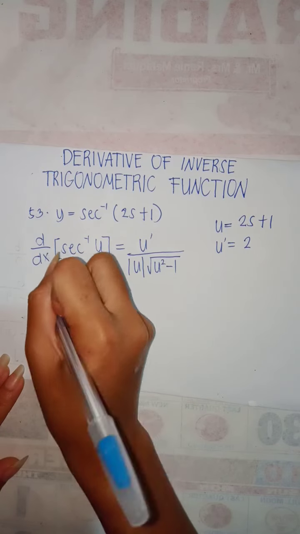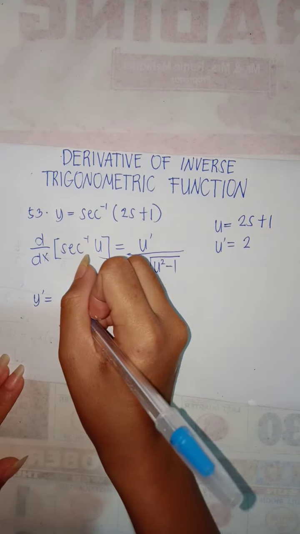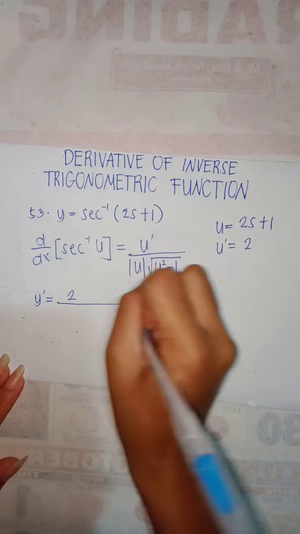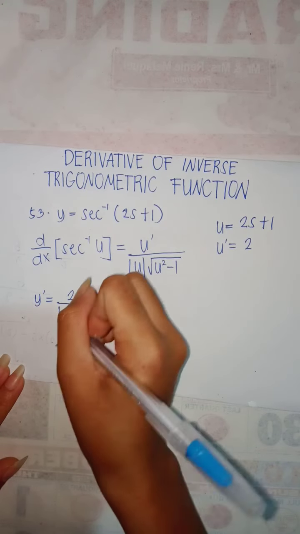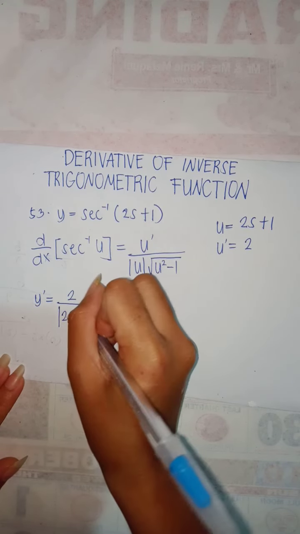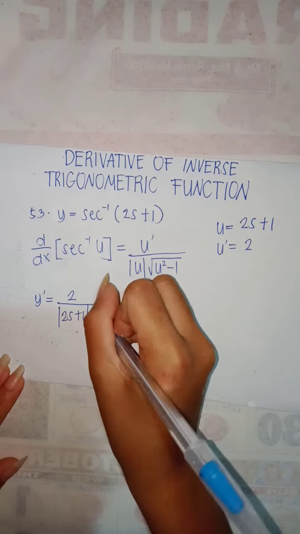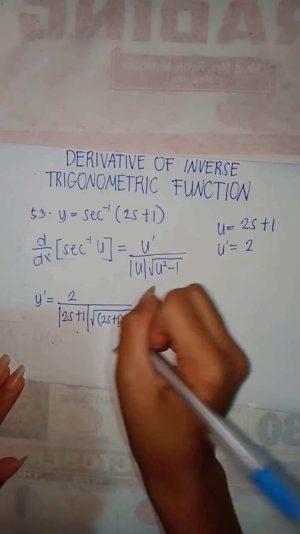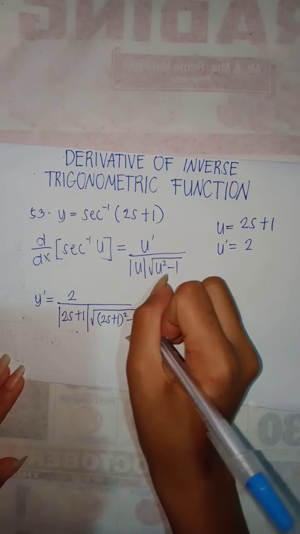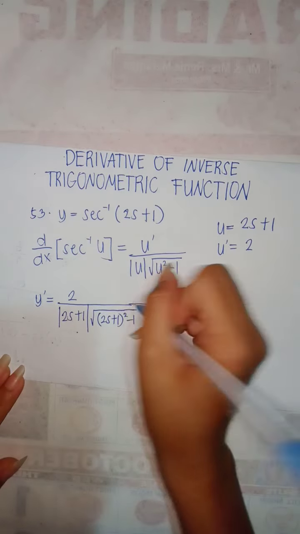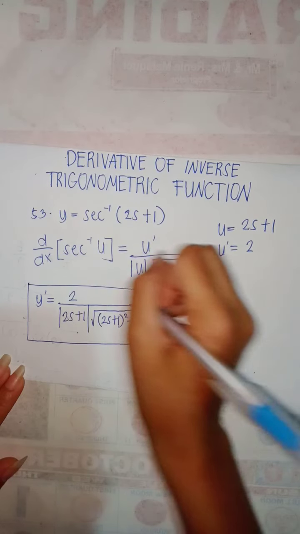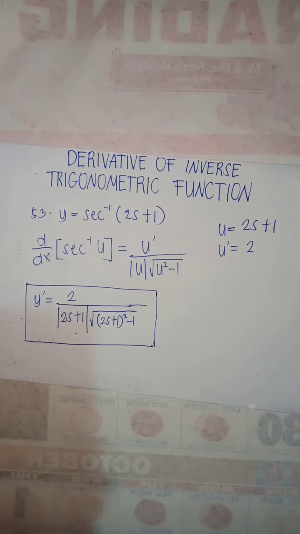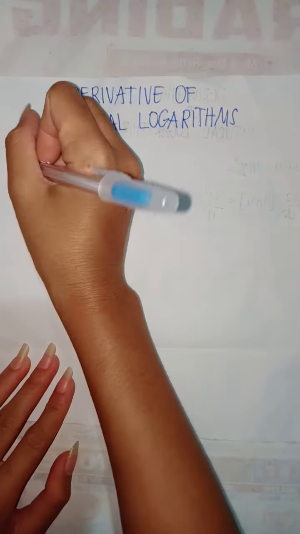So y prime is equal to our u prime, 2, over the absolute value of u, 2s plus 1, and square root of u, 2s plus 1 squared minus 1. And this is our final answer. So now, let's proceed to the derivative of natural logarithms.